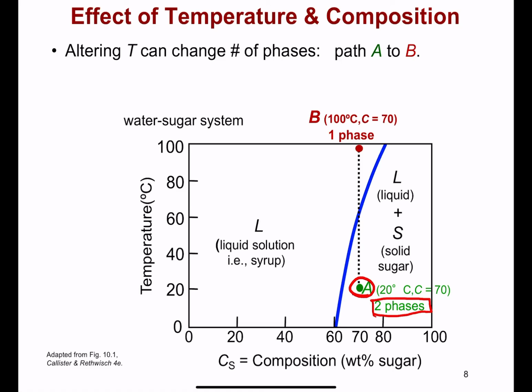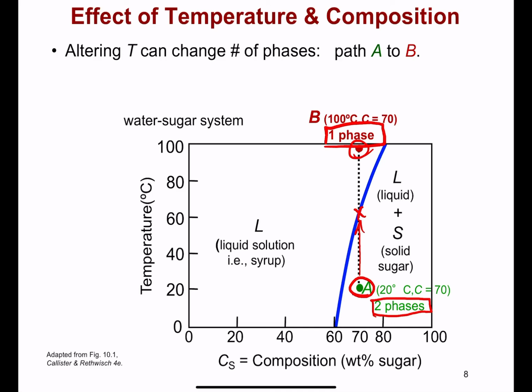and as we travel up along the path from A to B, that is, we are increasing the temperature but maintaining concentration the same, eventually we would cross the phase boundary and move across the solubility limit, and then render the material no longer two phases, but one phase as we cross the blue line, and ultimately achieve the final condition at point B, which was our 100 degrees C condition.